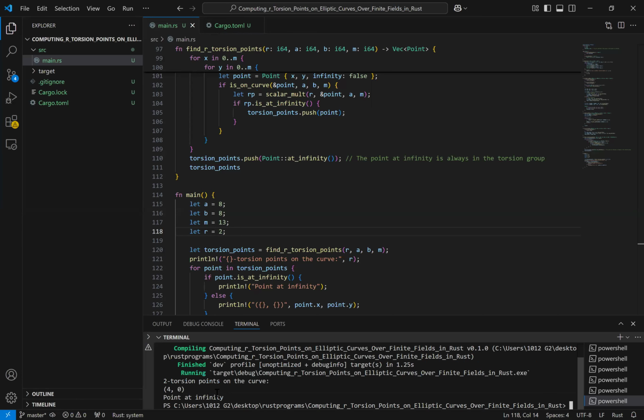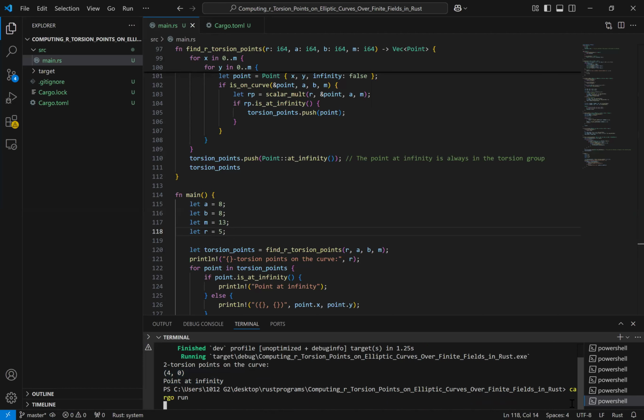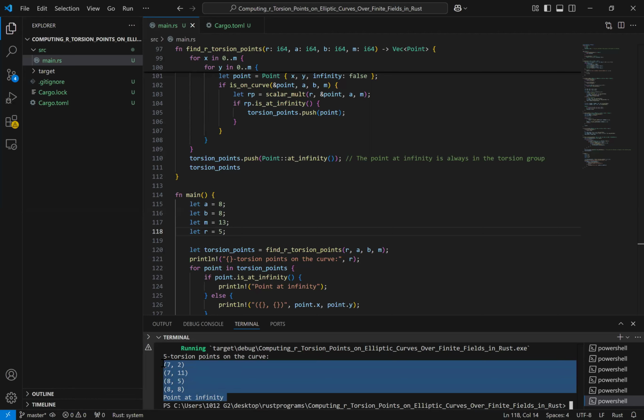Then you find that we have the point at infinity and (0, 4). So those are only 2 elements, and that's what we said: when R is 2, you expect 2 elements. What about when R is 5? Expecting 5 elements, which ones are they? One of the elements is the point at infinity, then (8, 8), (8, 5), (7, 11), and (7, 2).